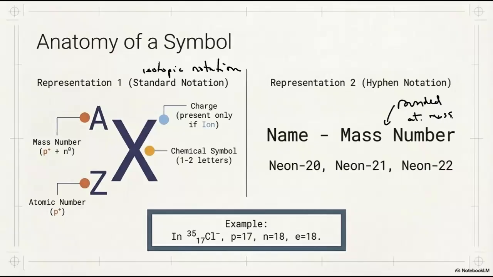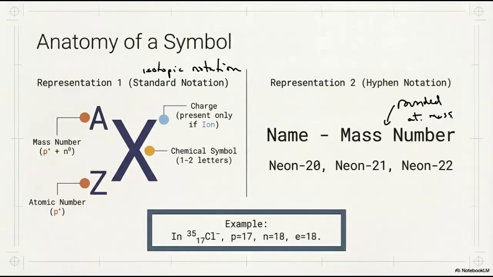And I'm going to pause here and ask you, why do I have to round the atomic mass to get a mass number? Why am I rounding? Think about what we're dealing with here. We're dealing with particles, right? If I don't round, I have a number with a decimal. If I have a number with a decimal, it implies that I have a fraction of something.